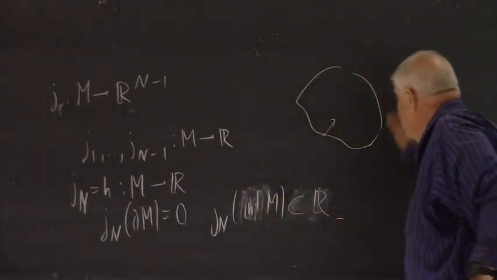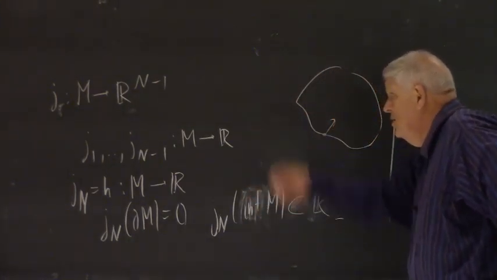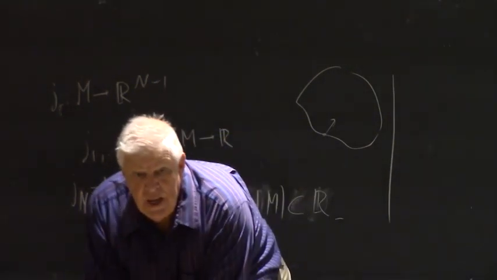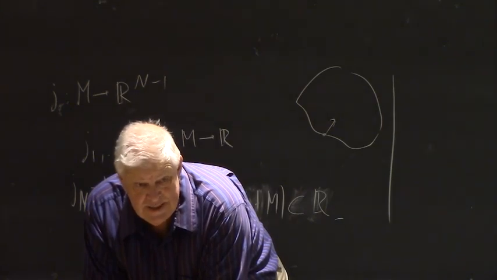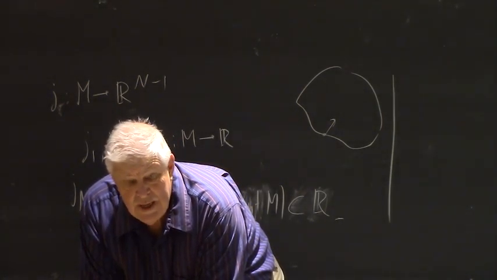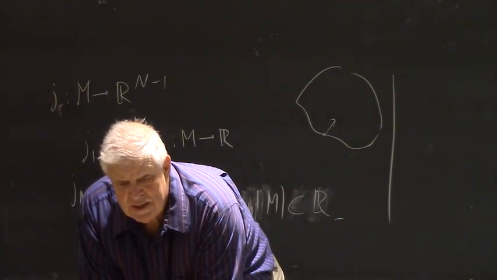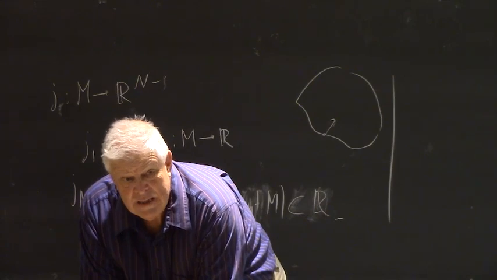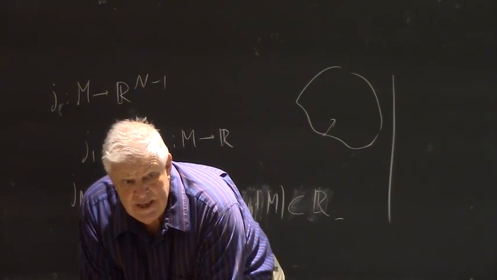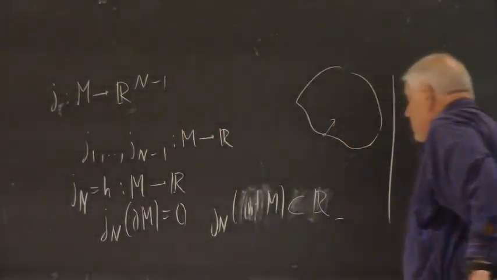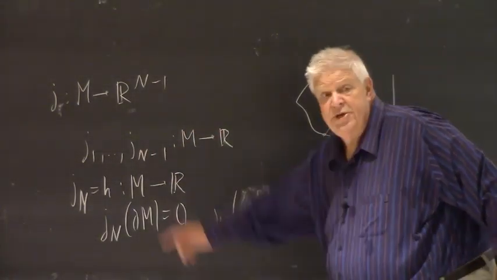So how to do this? As soon as we add this function to the existing functions J_1, ..., J_(n-1), we will have the embedding precisely with these properties. So one more coordinate, which shows that ∂M is still embedded in R^(n-1), and the interior is in the negative part. So all we need is to construct the function h.